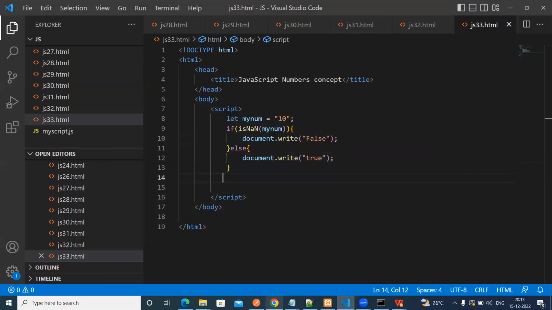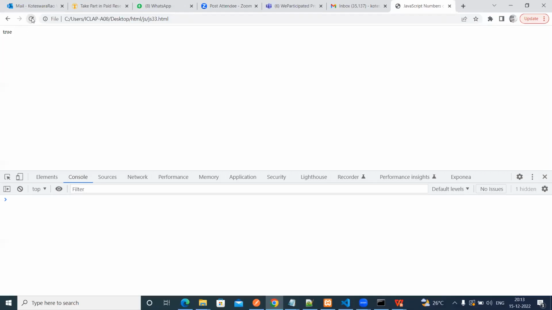Okay, true now, right? So this is saying it is not a number. Now you can see if we give a number, why is it always going to the false condition?